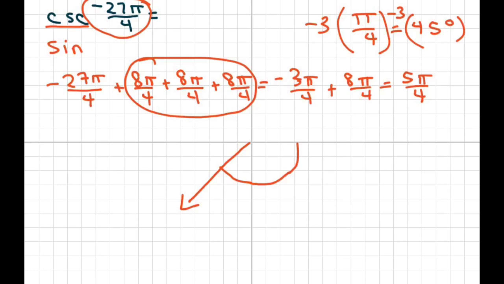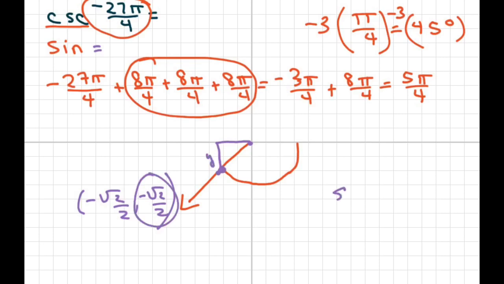The 45 degree ones, the sides are the same. So this point here is negative square root of 2 over 2, negative square root of 2 over 2. Sine is your y portion, so sine of negative 27 pi over 4 would equal negative square root of 2 over 2.